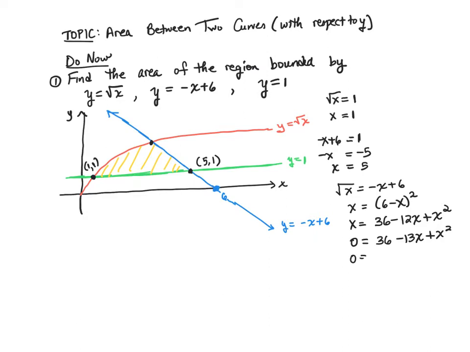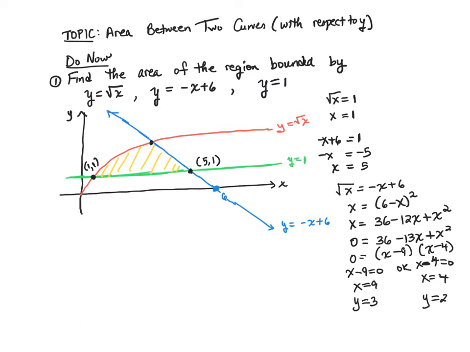This factors into x minus 9 times x minus 4. So we've got two possible x's here. x minus 9 equals 0 or x minus 4 equals 0. So x is 9 or x is 4. When x is 9 and we put it into the square root of x function, y is 3. But when x is 4, we get y is 2.